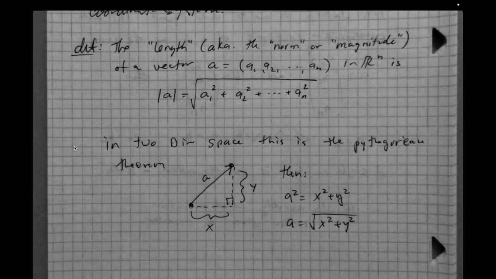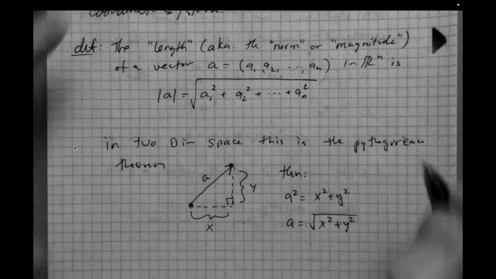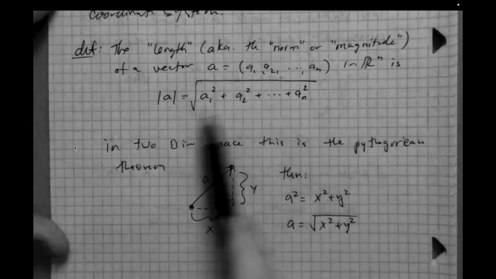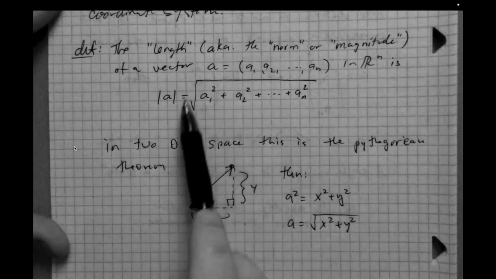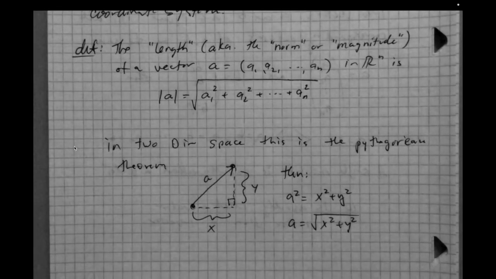And so this is the Pythagorean theorem at work, more or less. This is just a generalization of that. In 2 dimensions the sum would look just like the Pythagorean theorem, but then if you have additional dimensions, you just add them to the radical.